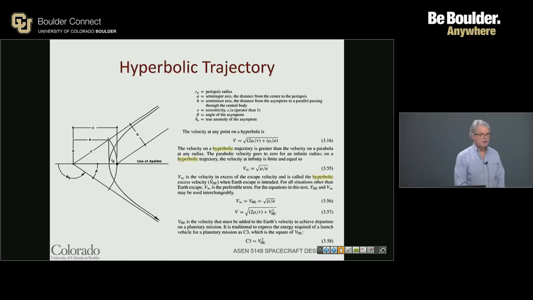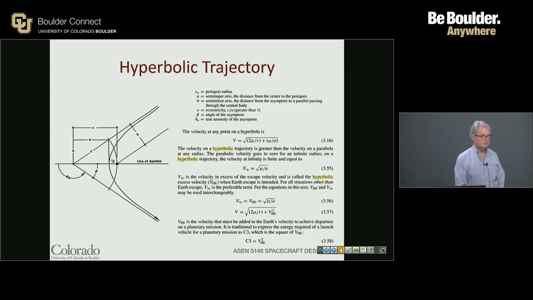Finally is the hyperbolic trajectory, which looks a little bit like a parabolic trajectory, but it's got something different. It also changes the sense of the vis-viva equation. If we add some extra velocity to a parabolic orbit, we now have a way to leave a closed gravitational system on an outbound departure trajectory with known velocity.